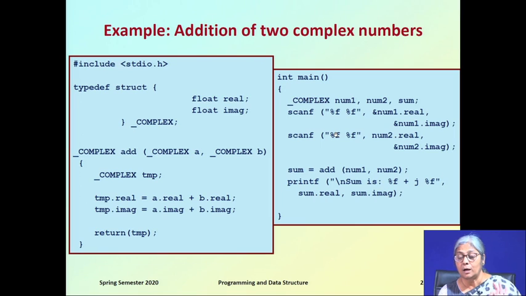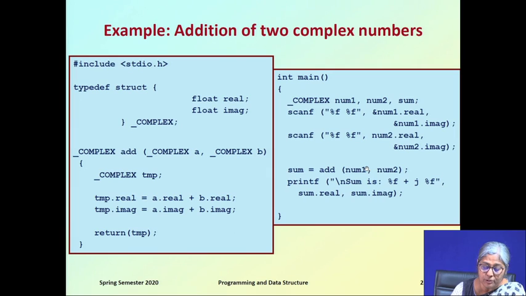So, now available in the main program are num1.real, num1.imaginary, num2.real and num2.imaginary. Now, I can add, because I have declared sum also as complex type. So, sum.real and sum.imaginary are its two variables. So, sum equals add(num1, num2).